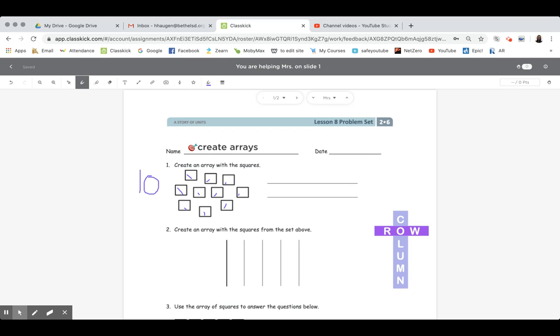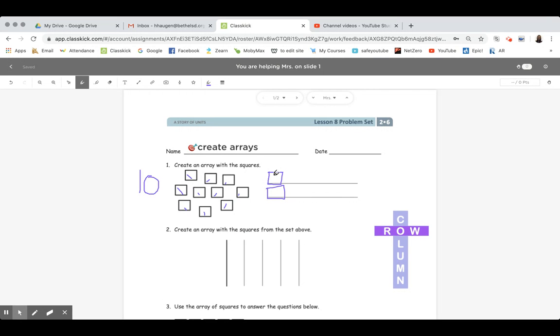Now when I draw the array, I know that I have to draw an equal number on each row. So if I can't just think about how many needs to be there, then the best way to do this is to give each row a square until I run out of 10.